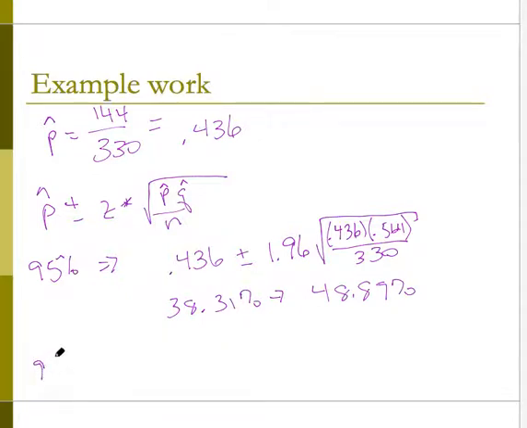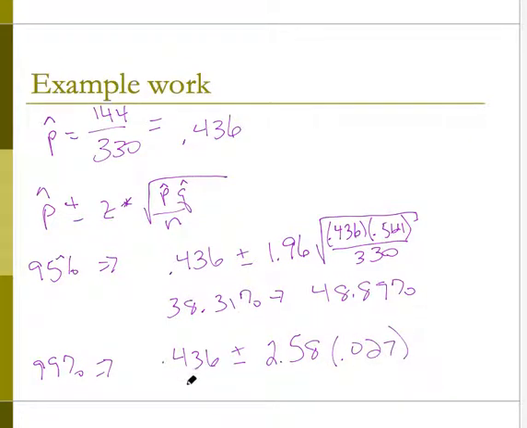So now if I change that confidence interval, let's see what happens. It's still 0.436 plus or minus, and now I've changed to a 99% confidence interval. This all underneath the square root came out to 0.027.